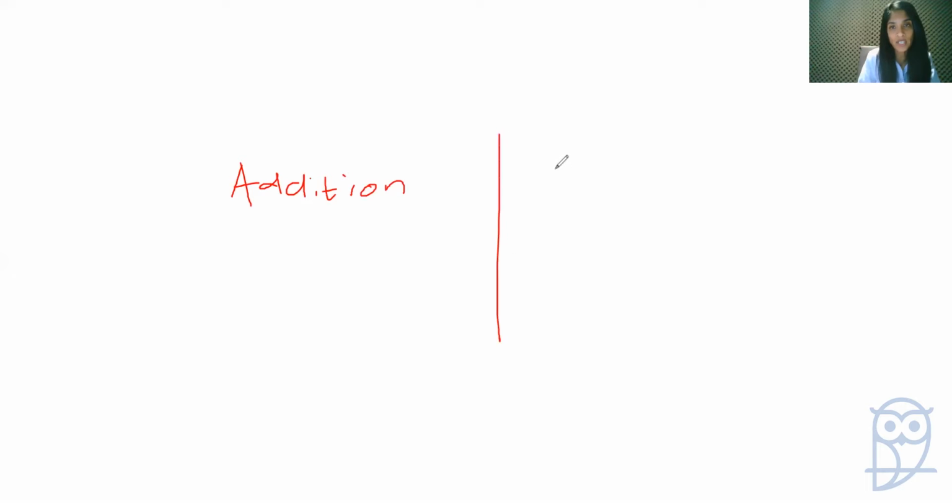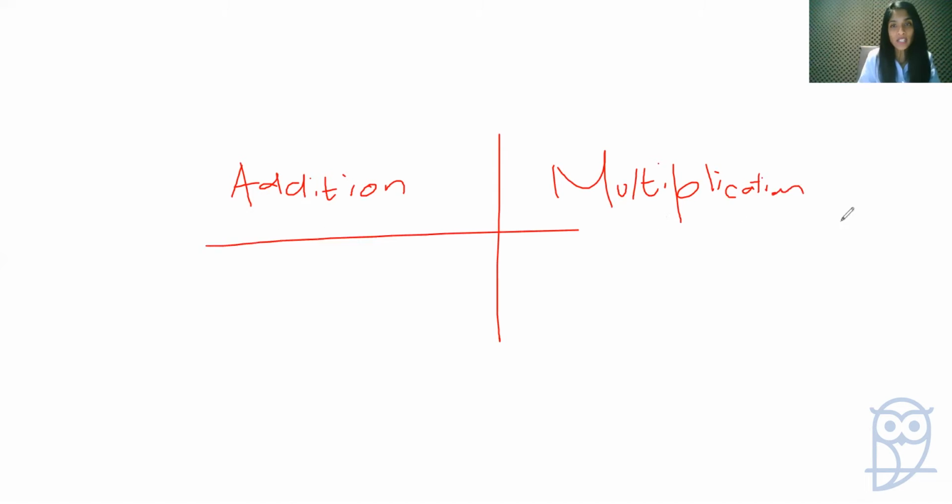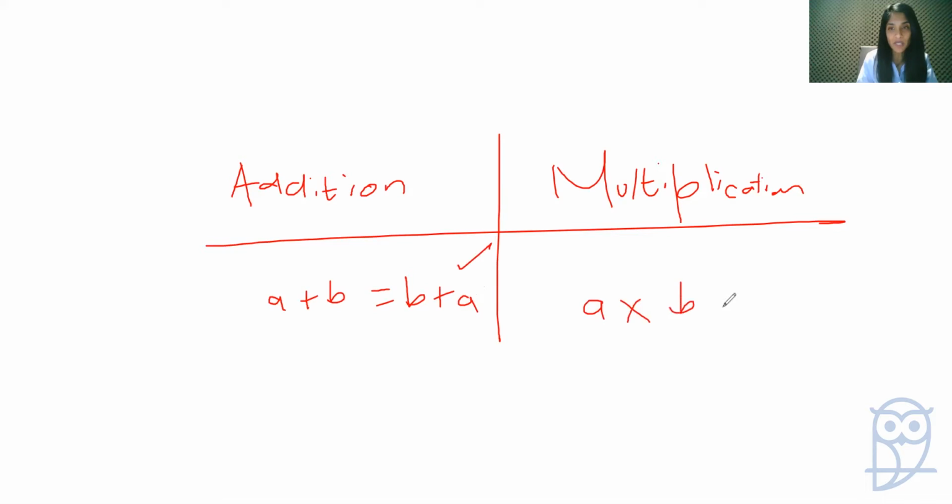We've got addition here and we'll have multiplication on this side. In addition, if I say A plus B is equal to B plus A, that would be correct. In multiplication, if I say A times B is equal to B times A, that will also be correct.